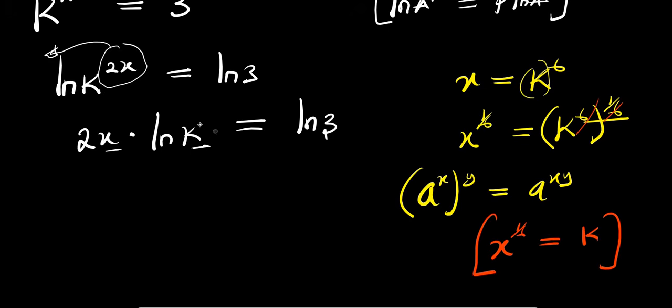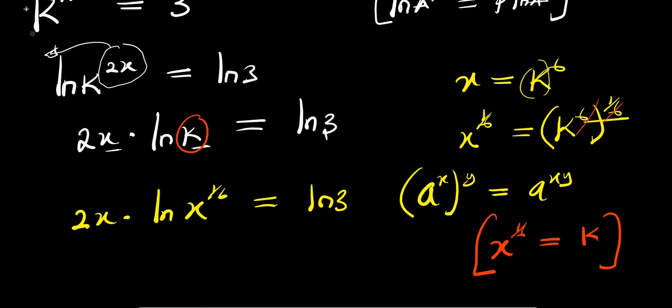If that is the case, I'm going to replace this k here with x to the power of 1 over 6. So let's do that. I will have 2x times ln of x to the power of 1 over 6, and this equals ln 3.